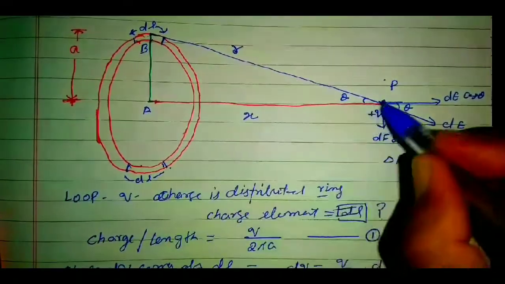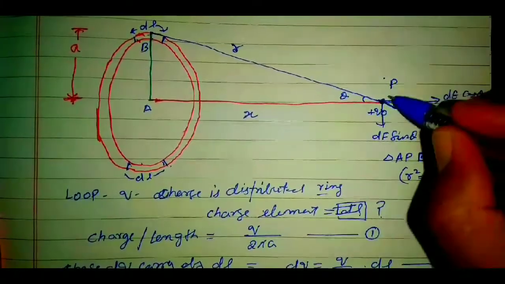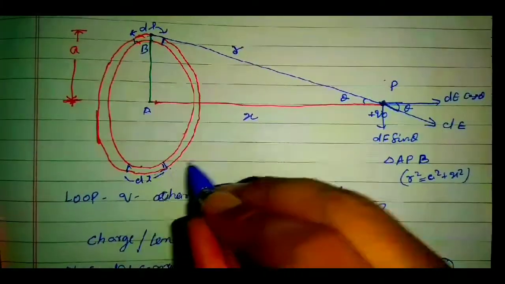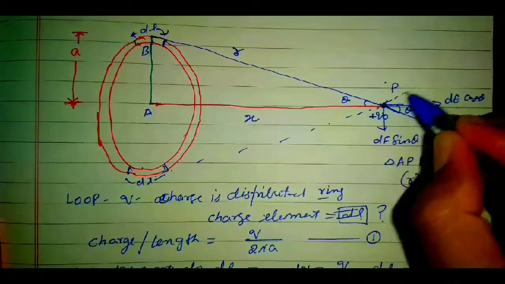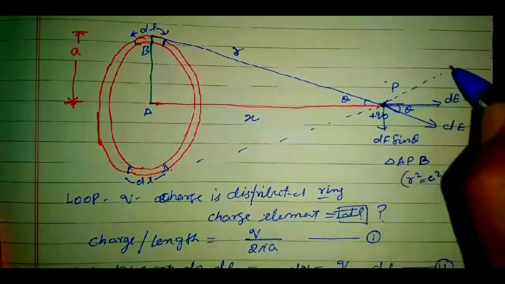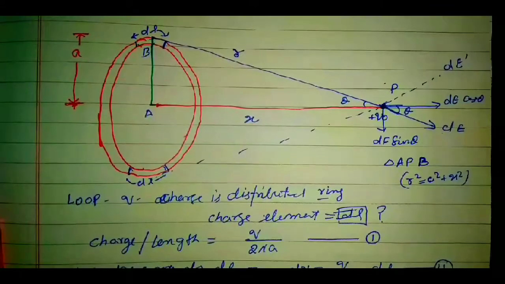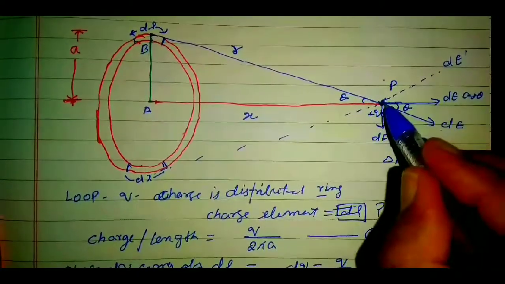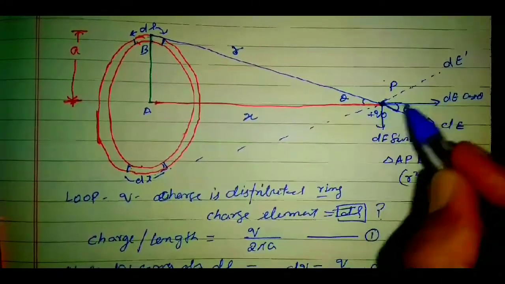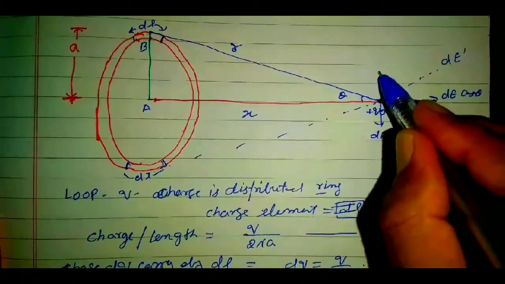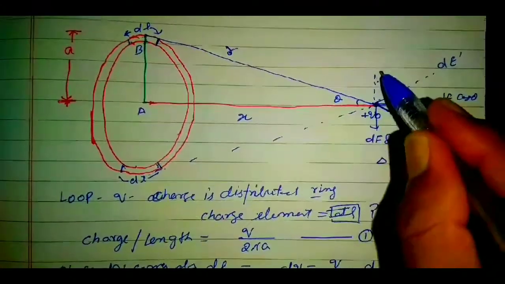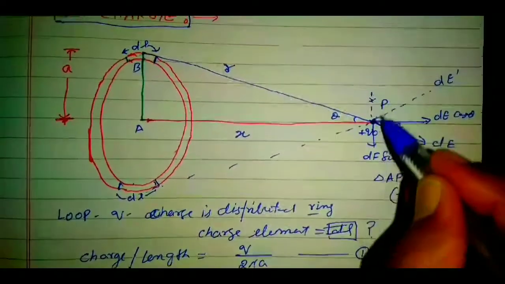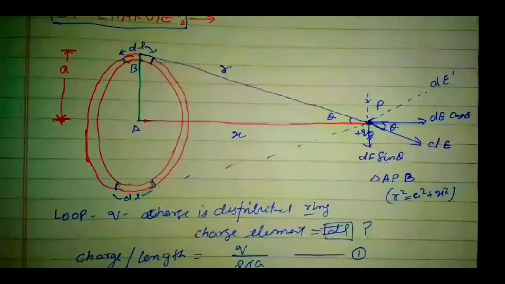Then the electric field due to this, we will calculate by joining with this dotted line. So the electric field due to this we will calculate as dE dash in this direction. When we obtain two components, one in this side and another in the upward side, these components will cancel each other.